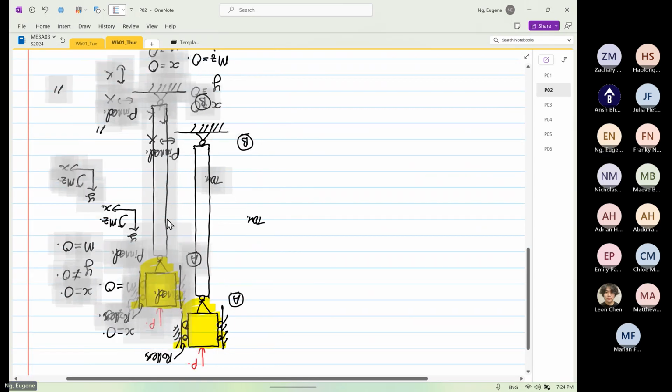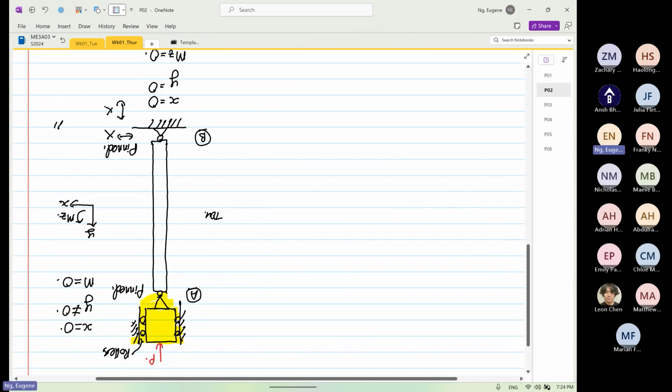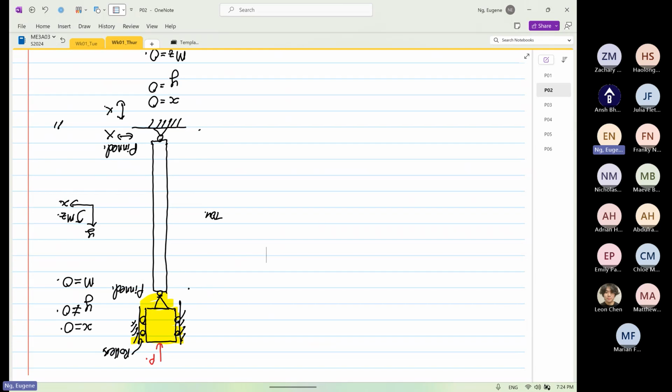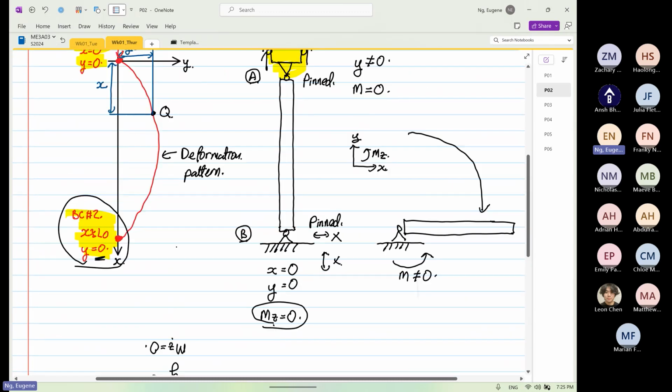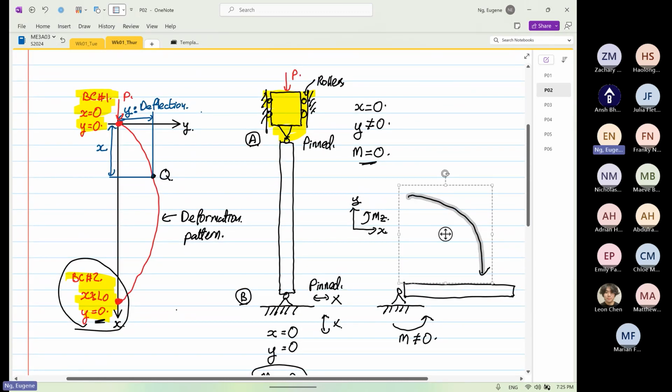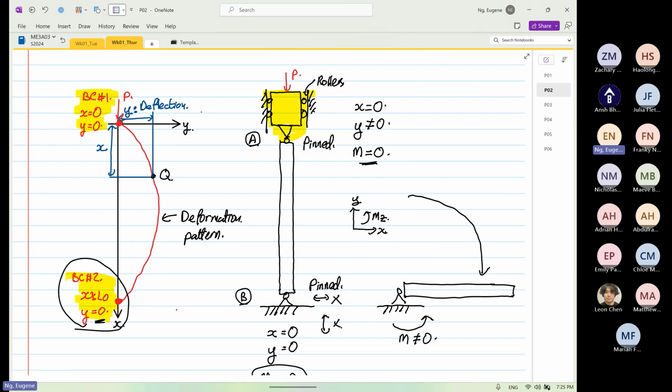So now, if we were to remove the support at B, what will happen to the structure again? It will again fall over. Yes or no? So i.e. moment is equal to 0.